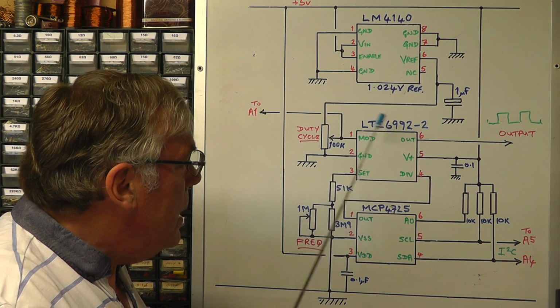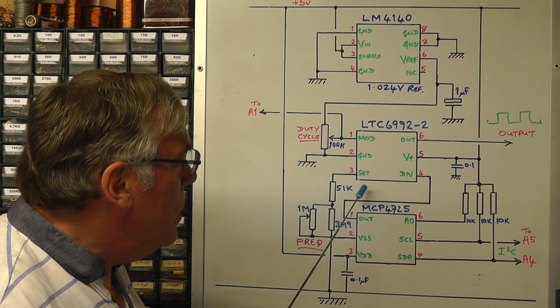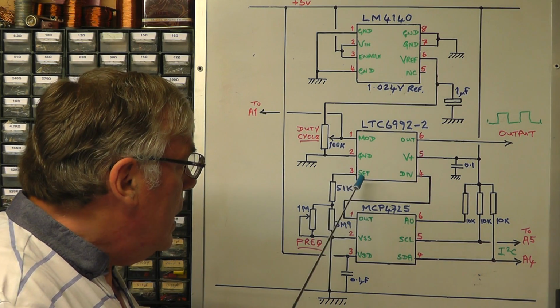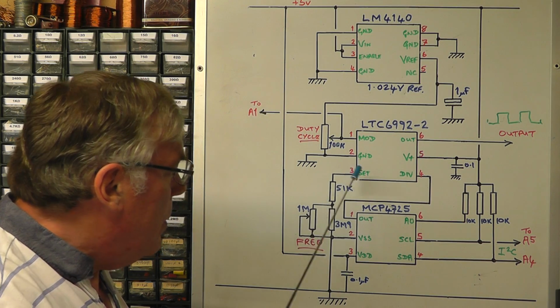The oscillator IC itself, you've got the ground pin is pin 2, the set pin, pin 3, is what we control the frequency on, and that's done by that resistor network there going to ground.